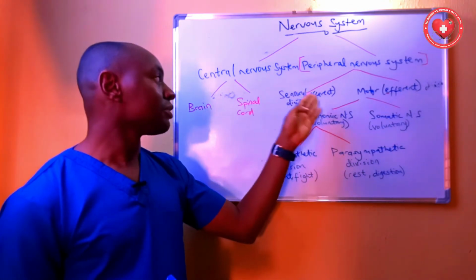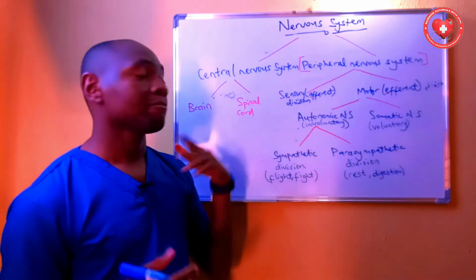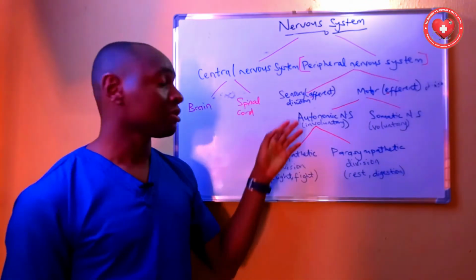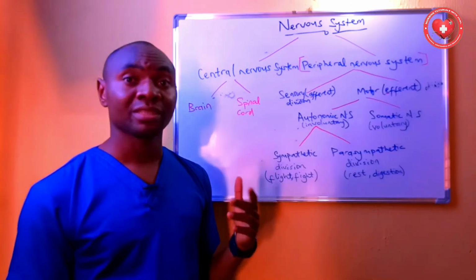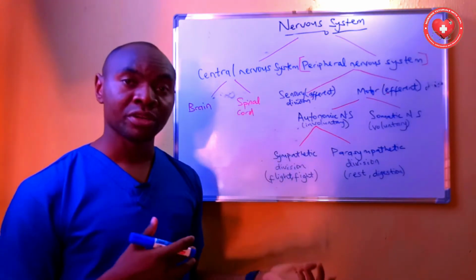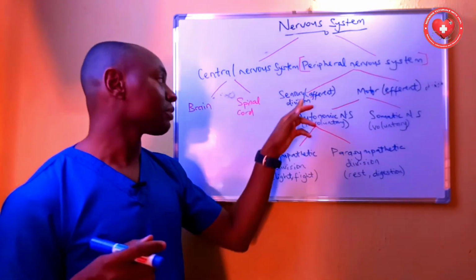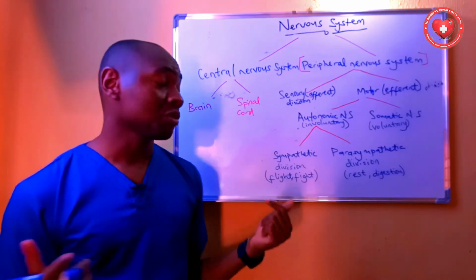For easy memory, we can say A stands for arrive, meaning that information is arriving at the brain and the spinal cord. That is how you will be able to remember it.